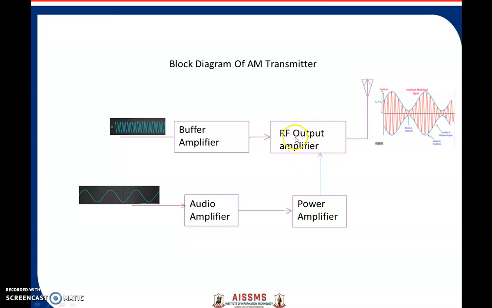Now this RF output amplifier will have both signals, the carrier wave supplied by the buffer amplifier and the audio frequency wave, and the final output which is getting transmitted is this AM wave, transmitted through this transmitter. So this is all about amplitude modulation as well as the AM transmitter.